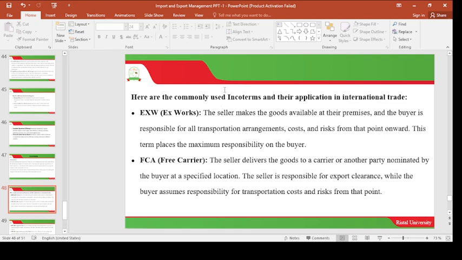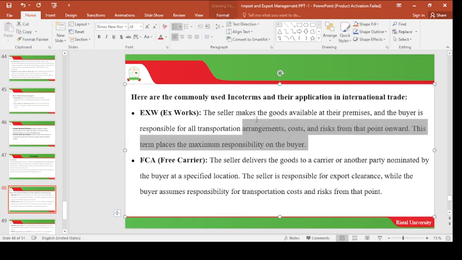In other words, when you are undertaking this type of term, the buyer is responsible for all the costs, the transportation costs, the risk, and the insurance from the seller's premises. So if the seller is in Japan, from Japan up to Juba where you're bringing these goods, you're responsible for everything. I hope I'm clear there.